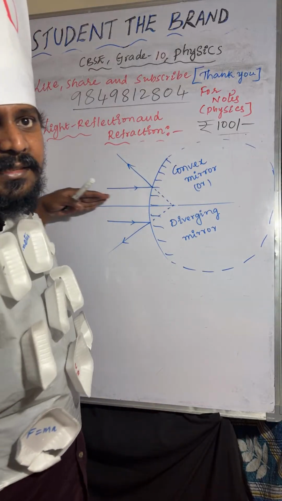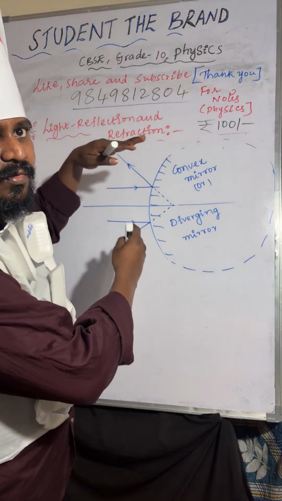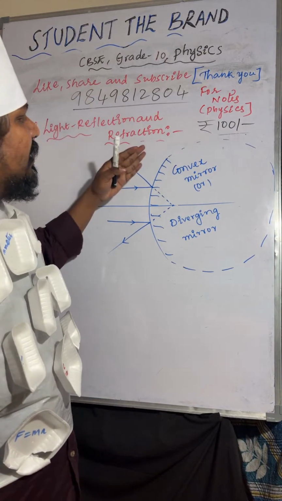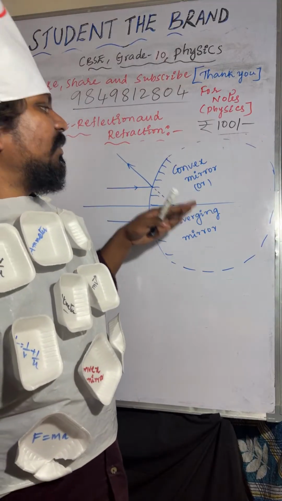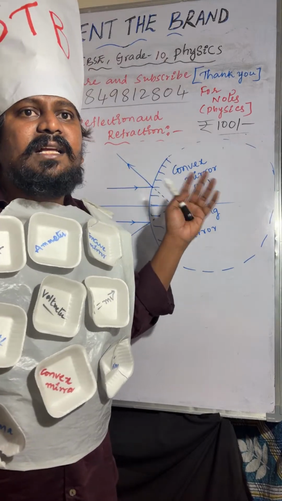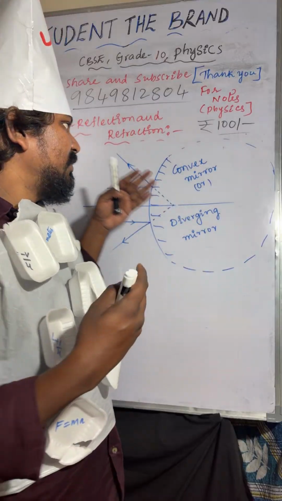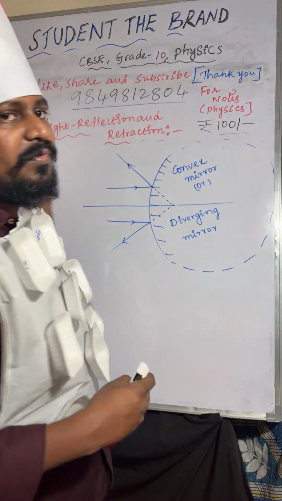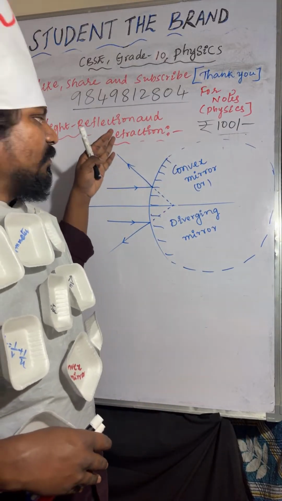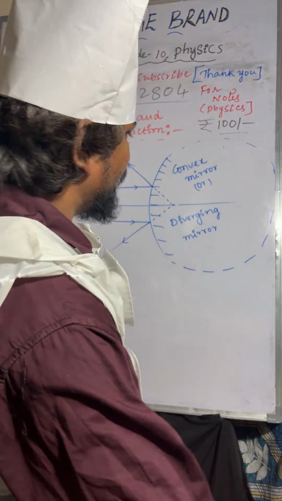This is the principal axis. After reflection, those light rays are moving away from the principal axis, that's why it is called diverging mirror. If light rays are moving towards the principal axis, then it is called converging mirror.